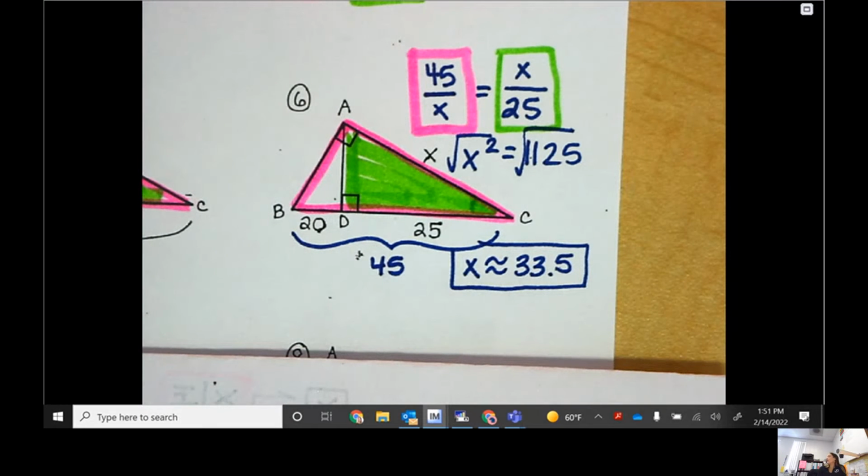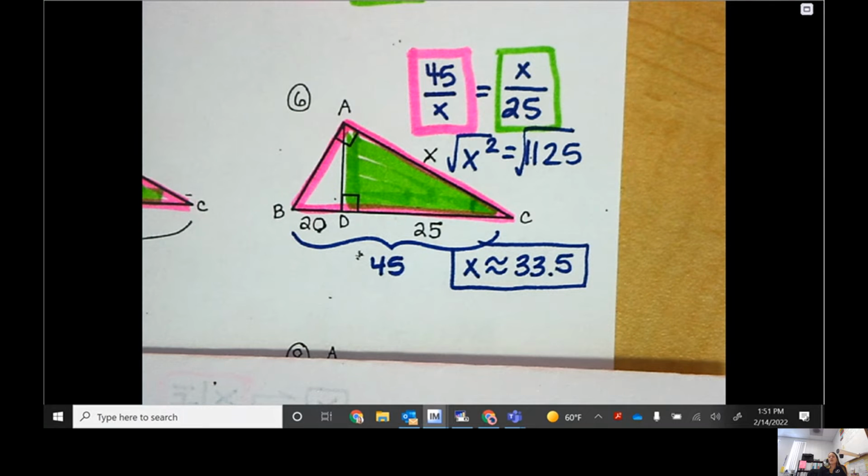Okay, we ready? What'd you get for 6? Beautiful. About 33.5. So depending on how you round it is fine. But the whole hypotenuse is 45. You have to add the two together over x, and then you pick the triangle on the right, so it's x over 25.